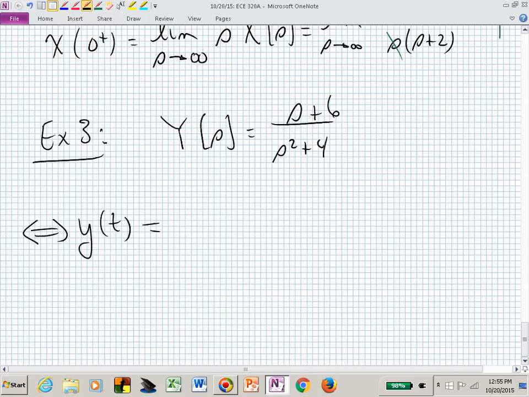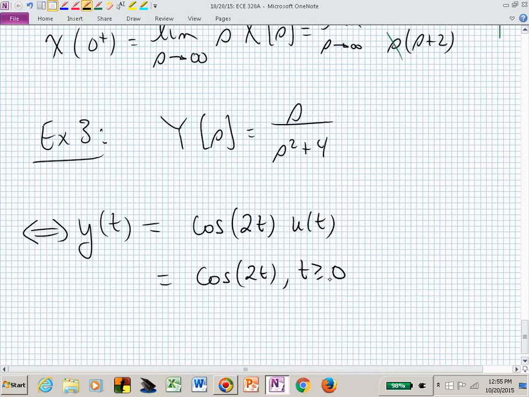In this case, because we are starting with just an s, we have just a pure cosine. Depending on which way you prefer to write that, you can write it either way. They're equivalent.